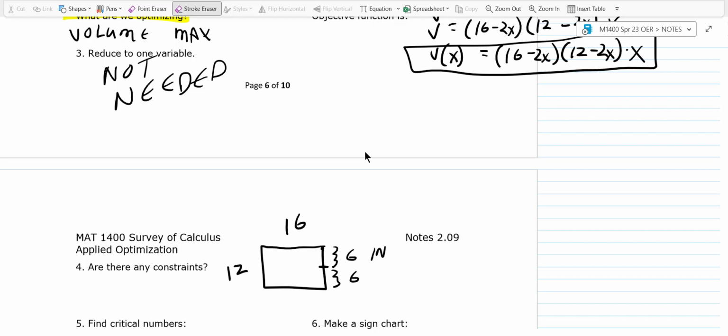If you take a square 6 by 6, there's no way you'll be able to make a box once it's bigger than 6. So x has to be between 0 and 6, because you can't chop bigger than 6 if one of the sides starts at 12 anyway.